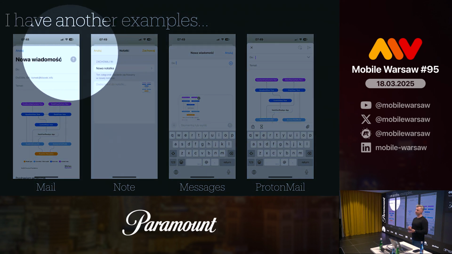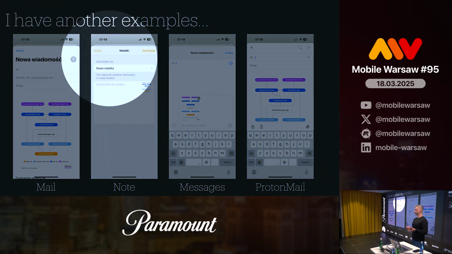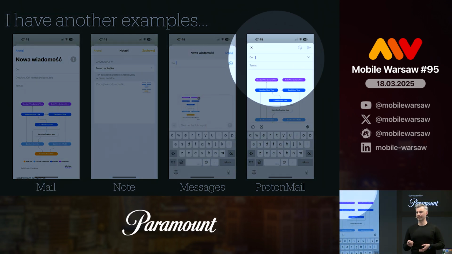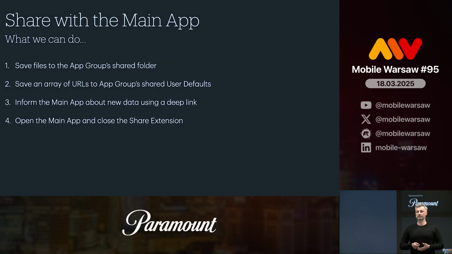Mail, after sending the message, is closing. So this is not the main application. Notes, exactly the same. Messages, you press send and everything disappears. Proton Mail also. So we need to somehow open the application.